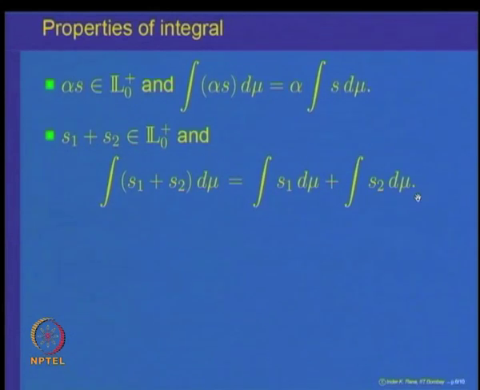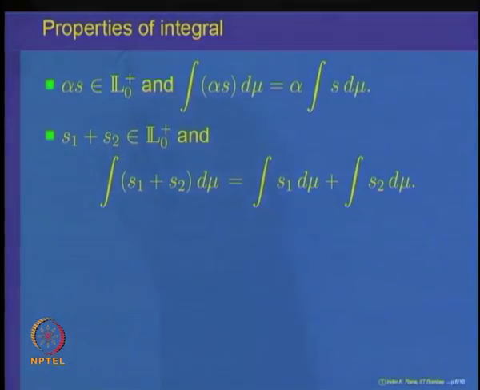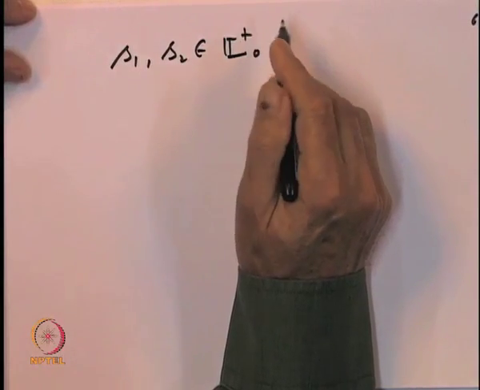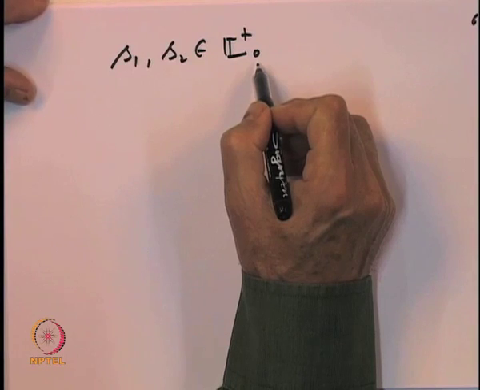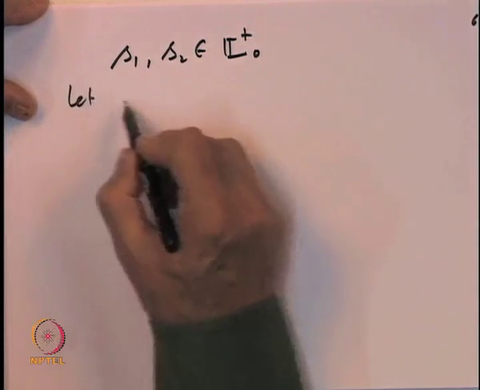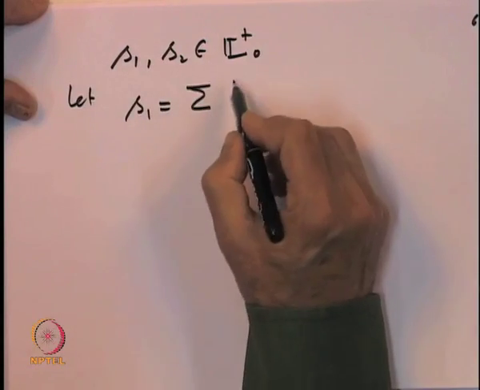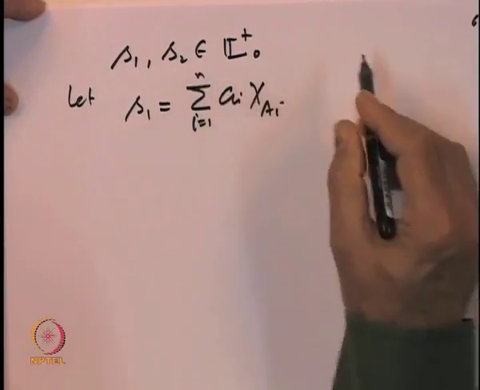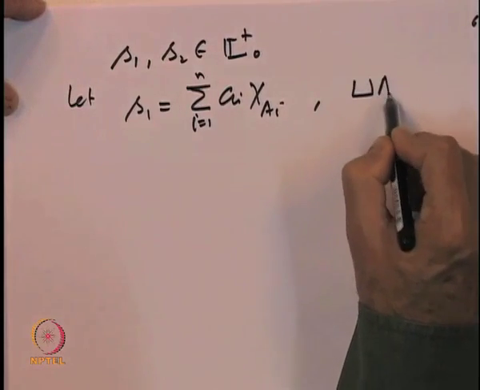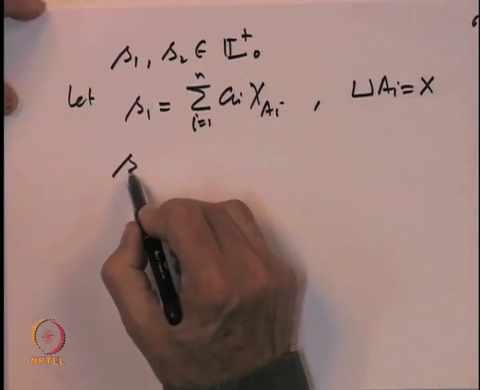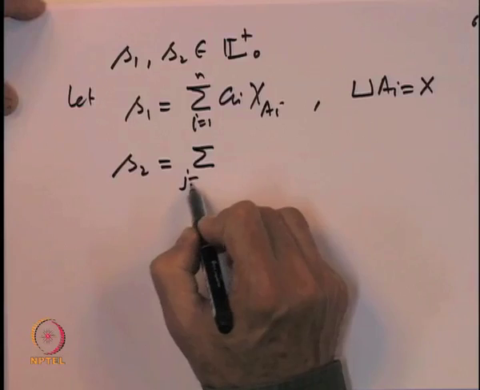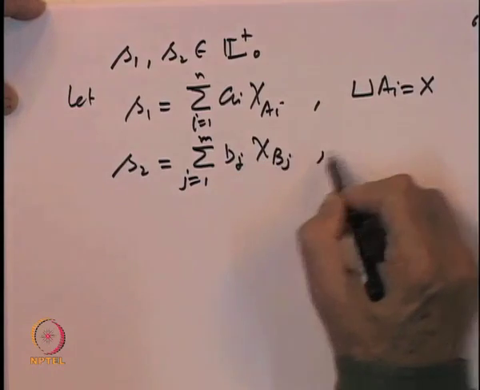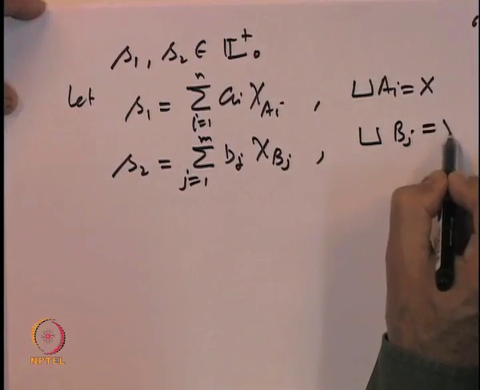So, for such things, let us take functions S1, S2 belonging to L plus 0, non-negative simple measurable functions. Let S1 be equal to sigma a_i chi of A_i, where the A_i's form a partition of X, and let us write S2 as sigma j equal to 1 to m b_j chi of B_j, where the union of B_j's is a partition of X.